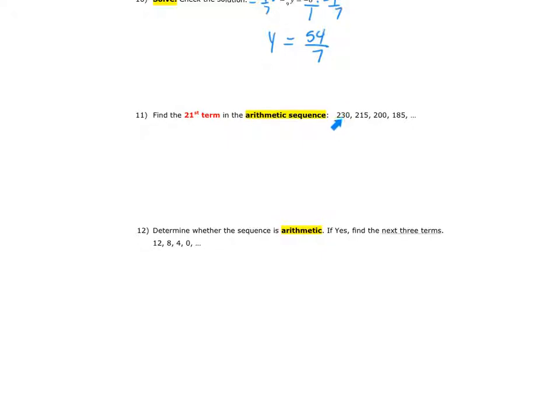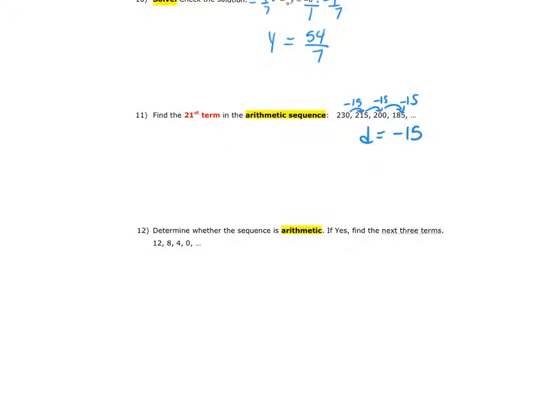So for example, in this case, if I wanted to know the 21st term, I need to figure out first what I'm doing to every prior number. That's what we call the common difference. I am subtracting 15 consistently. That is my common difference. That's what we call D, the common difference.